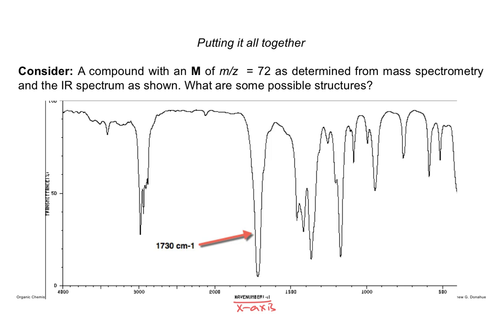And so wave numbers are typically reported in inverse centimeters. So what that means is 1 over centimeters. And that's the wavelength of light at which the excitation occurs.